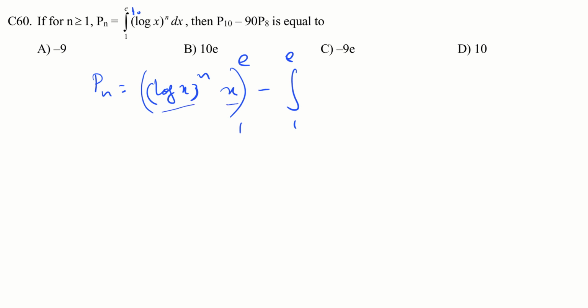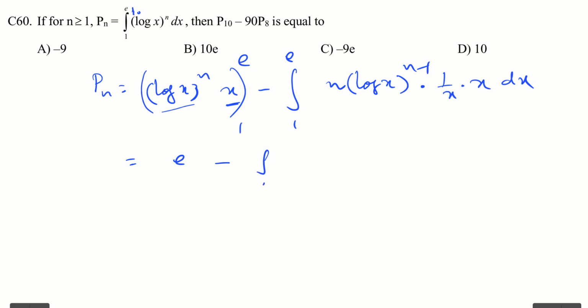So its derivative is n into log x whole power n minus 1 into 1 by x into, here we got x dx. So it's going to be, substituting upper limit, it is e, substituting lower limit, it is 0, minus, this is integral 1 to e, n writing outside, it is nothing but log x whole power n minus 1 dx.